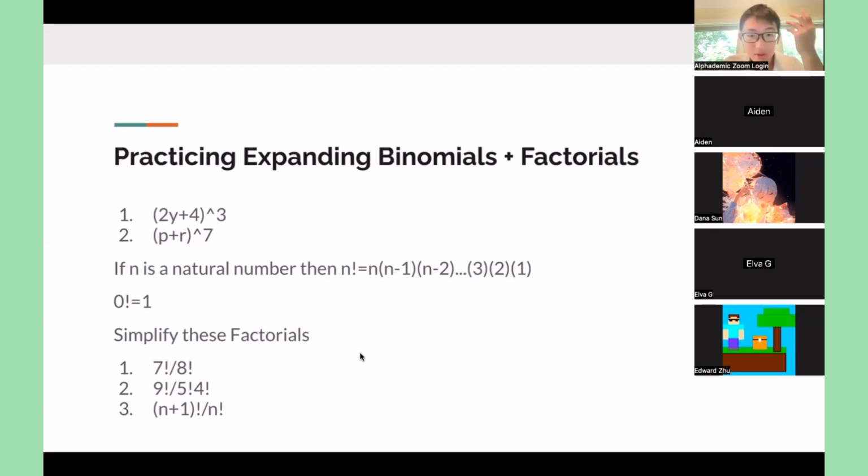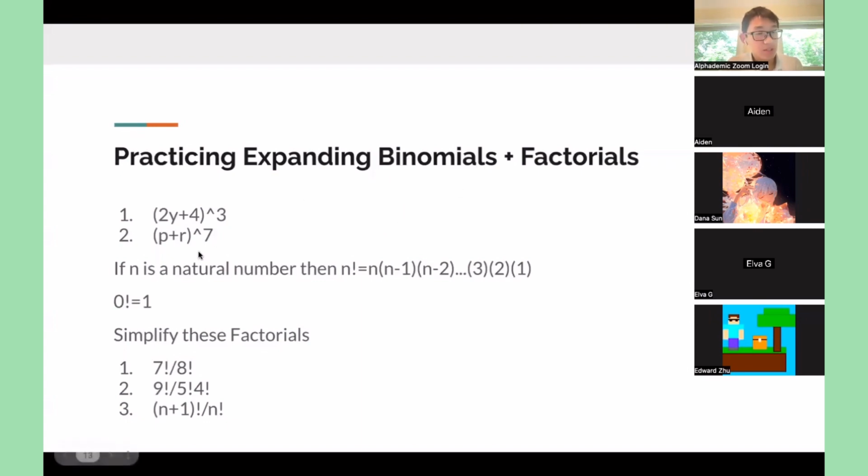For example, 10 factorial would be 10 times 9 times 8 times 7 times 6 times 5 times 4 times 3 times 2 times 1. And 0 factorial is just 1. We won't cover these right now, but these are just some good things to know about expanding binomials and factorials.